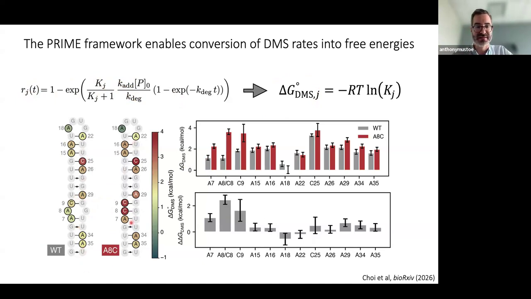And you can see that the delta G values that we get here, both for a wild type and then a mutant where we've stabilized this, make physical sense, that they are between 2 to 3 kcals per mole.